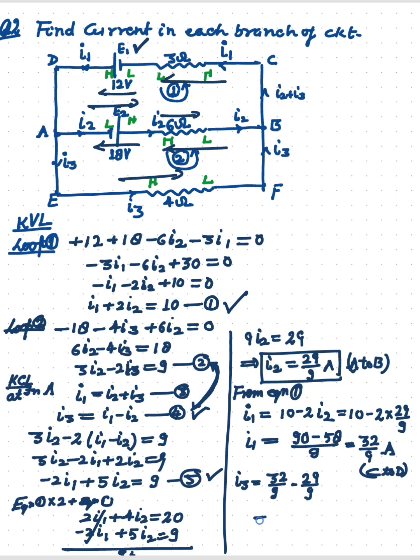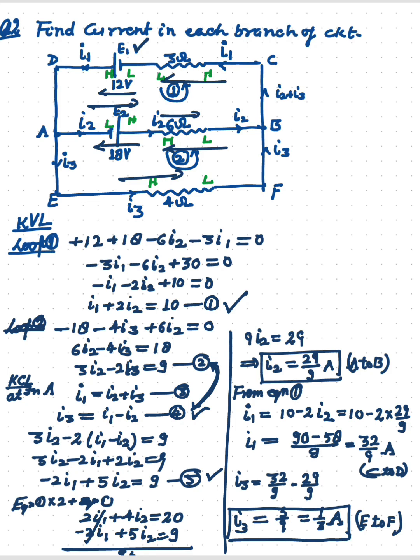So what we are getting, this difference is 3 upon 9, so this will be 1 upon 3 ampere. 1 upon 3 ampere is I3, and its direction is E to F. Okay, so the concept is clear.